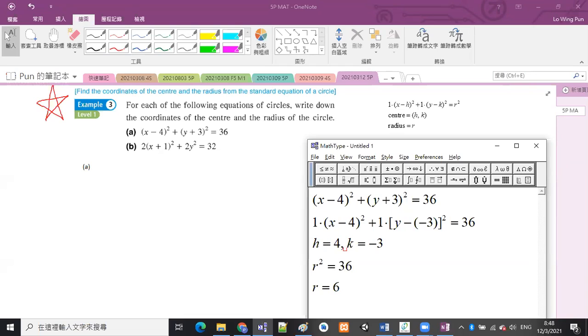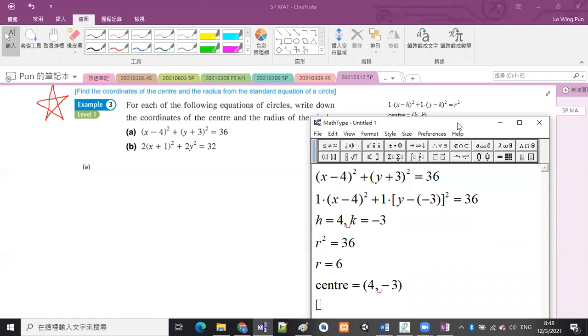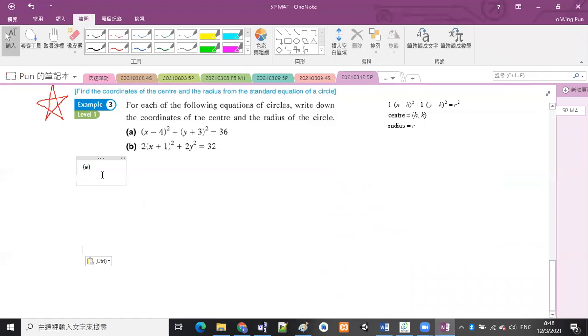So now we have the h value, the k value, and the r value. So we can write down the answer. Center is equal to (h, k), that is (4, negative 3). And then radius is equal to r, that is 6. And that is what we want to find. Can you get this?